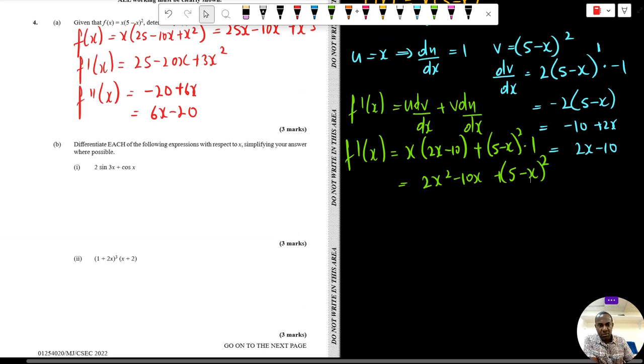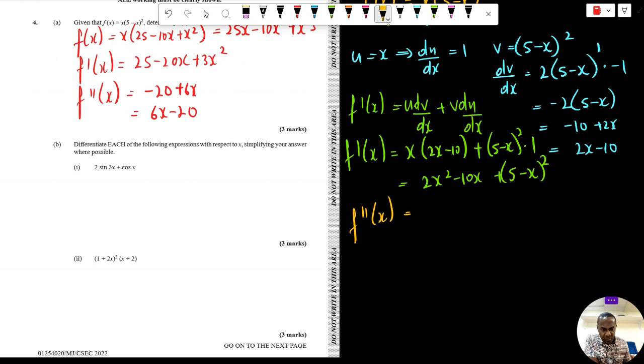So let's do that, the second derivative. So we have f prime of x is equal to that. And so we're going to say now that f double prime of x is going to give us 4x minus 10, and then we have plus 2 brackets (5 minus x) to the power of 1 times the derivative of 5 minus x, which is minus 1.